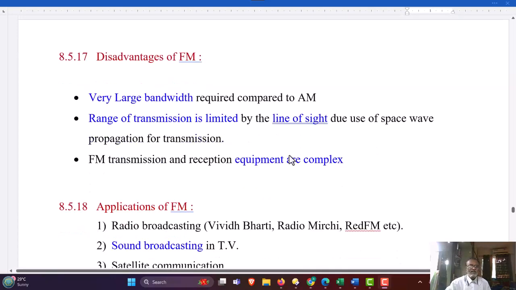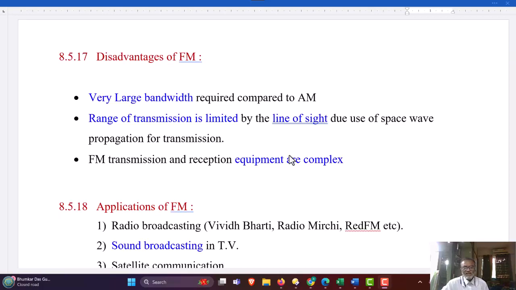What are the disadvantages of FM? Obviously, we have seen the spectrum, very large bandwidth is required compared to AM. Range of transmission is limited to line of sight due to space wave propagation in FM. Means in FM, we are using space or atmosphere as a channel.